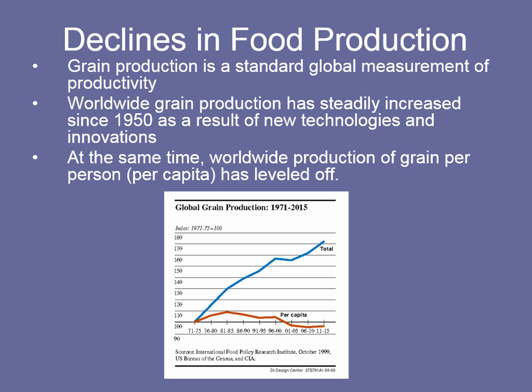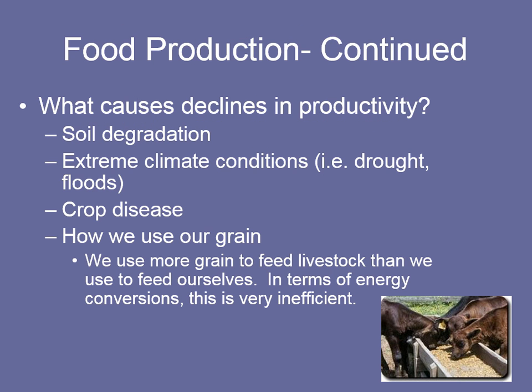We're also seeing a decline in food production. Even though worldwide production of food has increased, it doesn't keep up with the demand of our growing population. There are also localized declines in productivity, and that mostly has to do with things like climate change, which California is going through a severe drought that has lasted nearly 10 plus years.